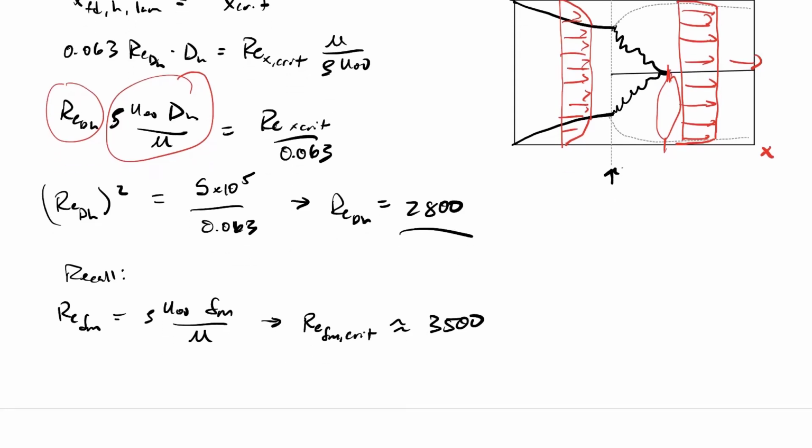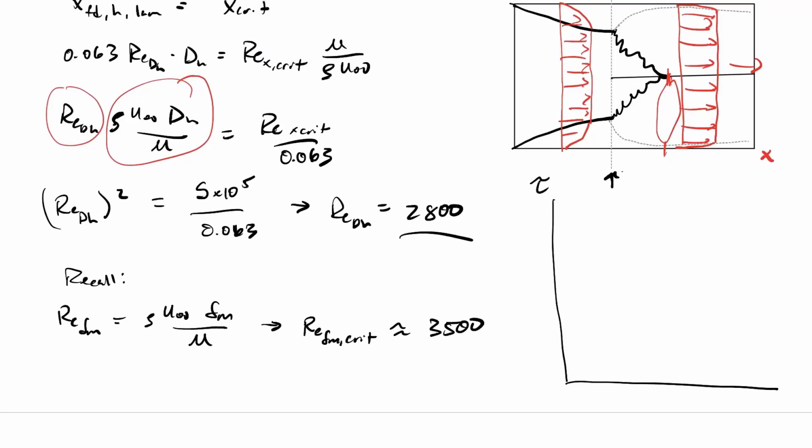If we look at the shear stress, plotting the shear stress as a function of position, this is tau, our local shear stress. We would see shear stress at the surface, tau s. As we first start, we have a very high shear stress that's dropping.